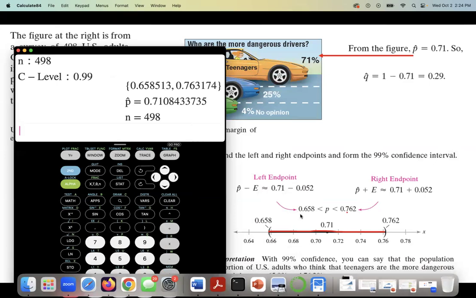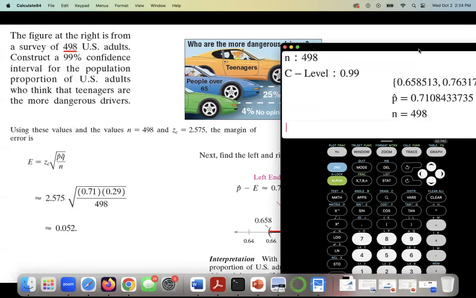The left endpoint is 0.658. The right endpoint is 0.762. You almost have a similar number, 0.763, which is very close. So either use a calculator to verify your answer, or make sure when you're following the algebra, you enter everything correctly into your calculator.